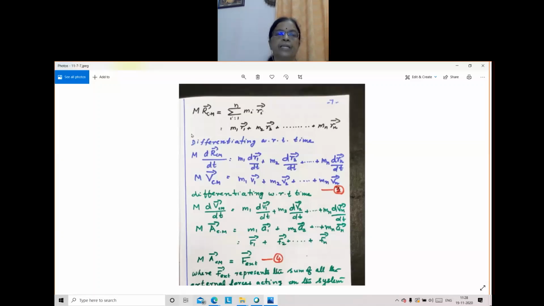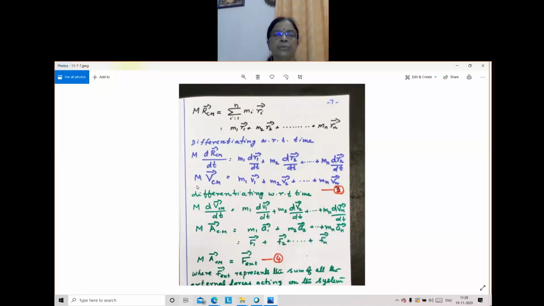On the left side, differentiating, M into dR by dt equals m1 into dr1 by dt plus m2 into dr2 by dt plus etc. mn into drn by dt. What is dr by dt? Velocity. This is the position vector of the center of mass, so its velocity we are getting here.